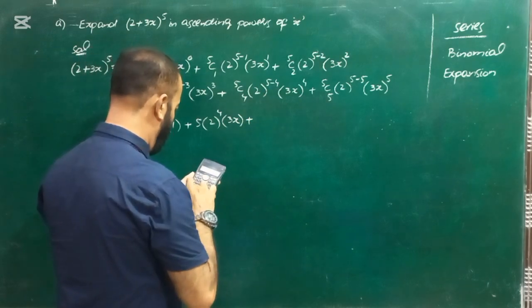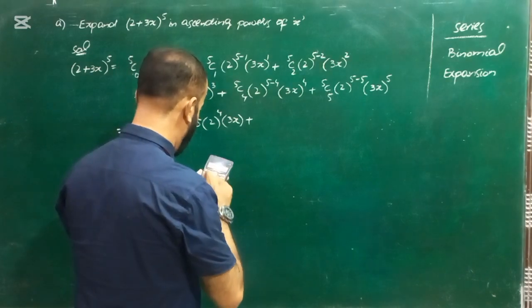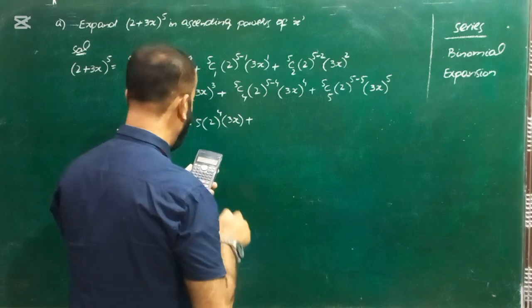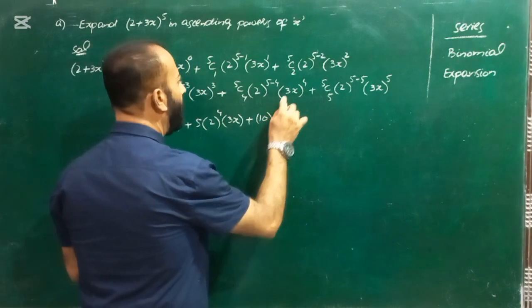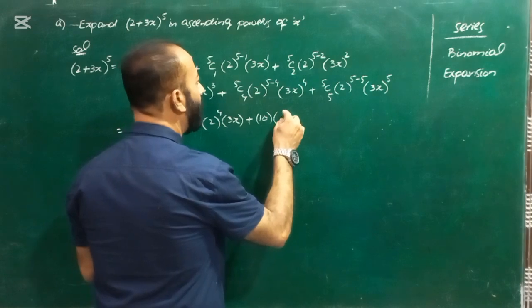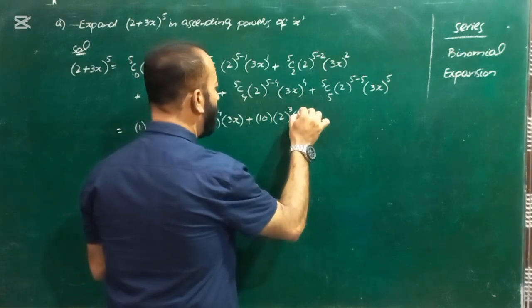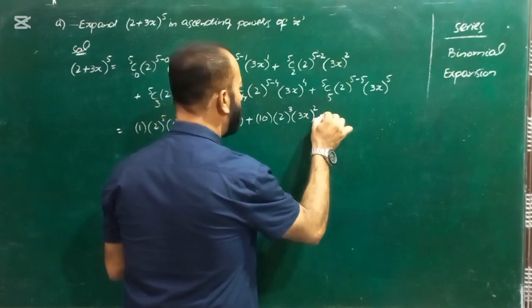So 5C2, answer is 10 into 2 raised to power 3 into 3x raised to the power 2.